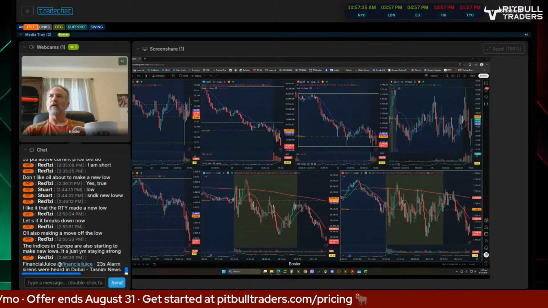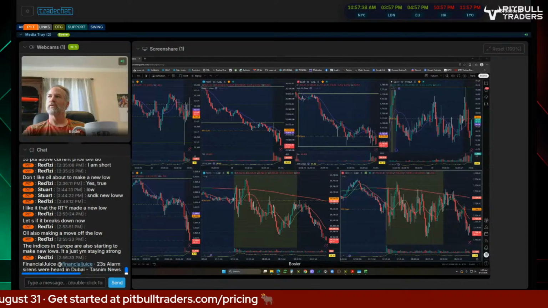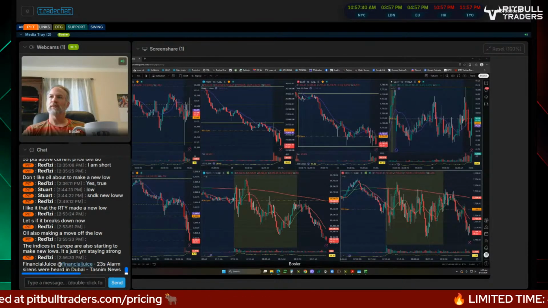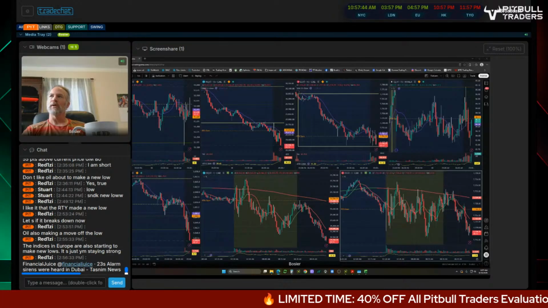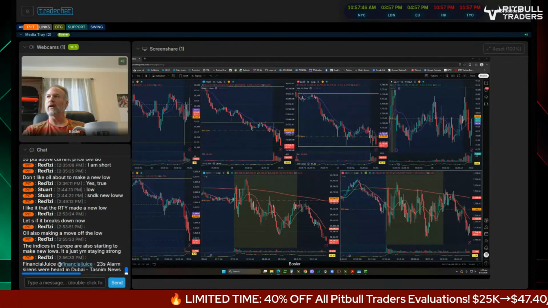Nvidia eyeing lows. Meta starting to go bid a little bit. Apple and Amazon still near their highs.